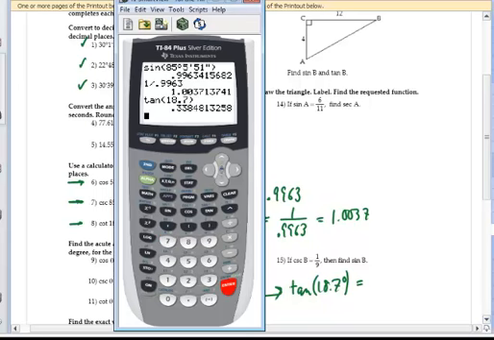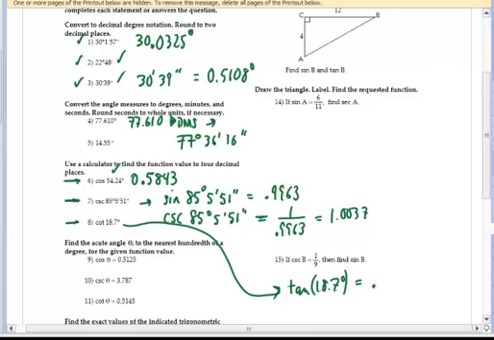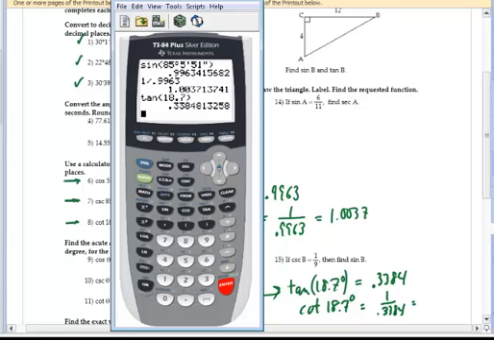It's going to be 0.3384. So then the cotangent is going to be the reciprocal of that, which equals, I'll just use a 1 over x button, 2.954.